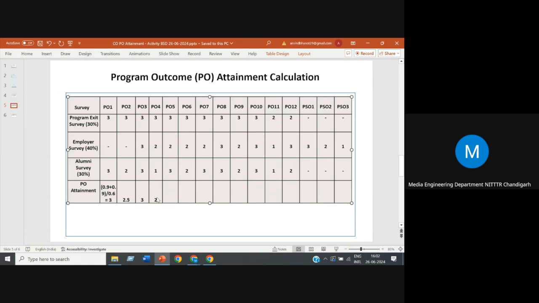0.8 plus 0.9. Next, what is the answer? 2.6. Yes. Okay. Next.